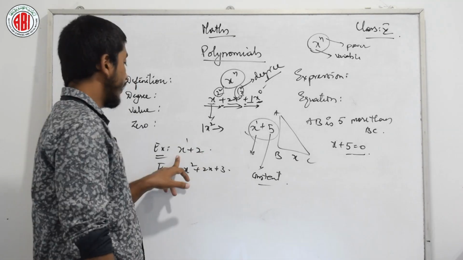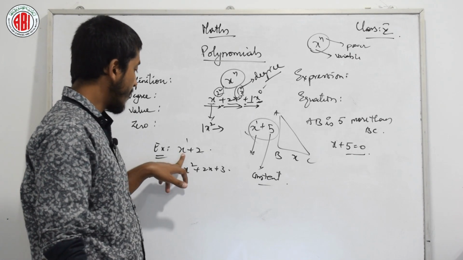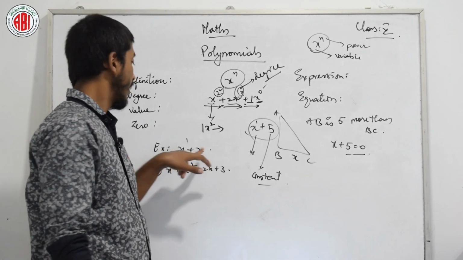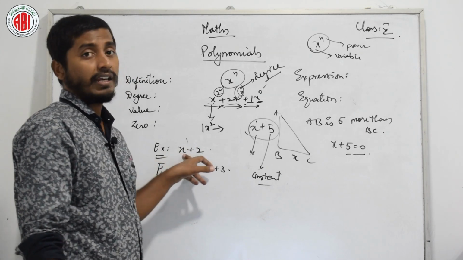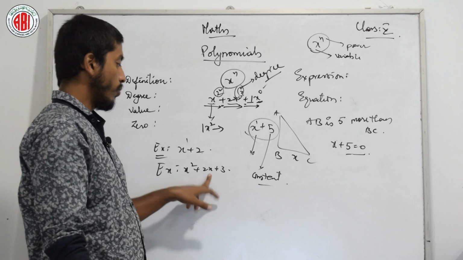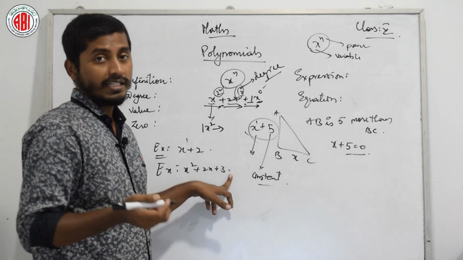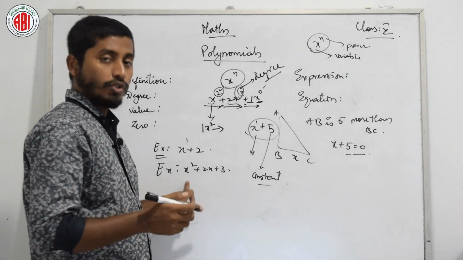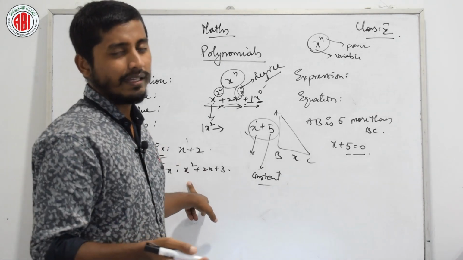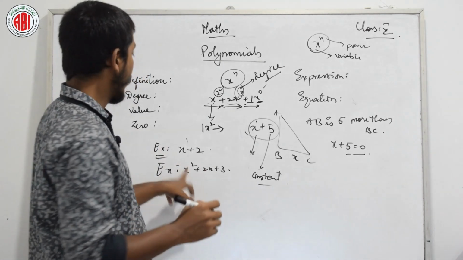Here the power of x is 1, here the power of x is 0. Here the degree is finally 1. If we see here, the powers of x are 2, 1 and 0. What is the highest power in this? This is 2.